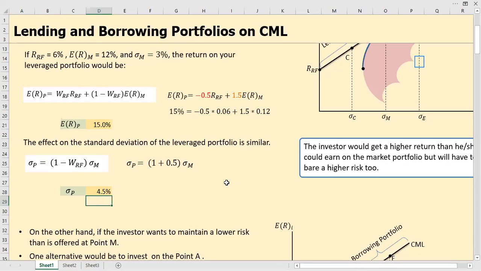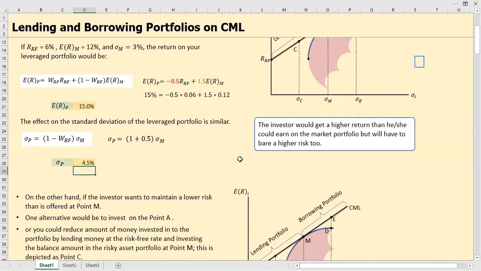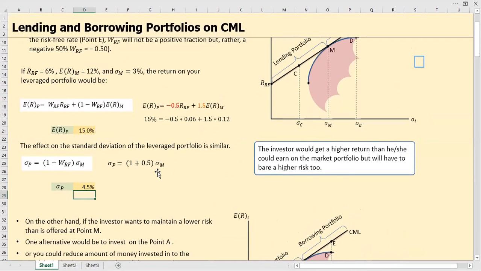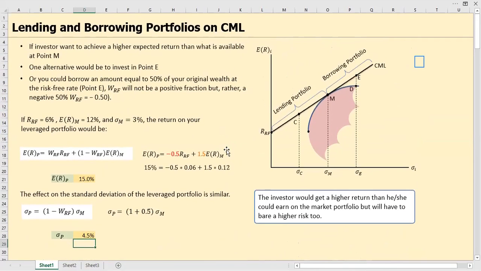Now this means that here, the value at the point E, the return here is equal to 15%.